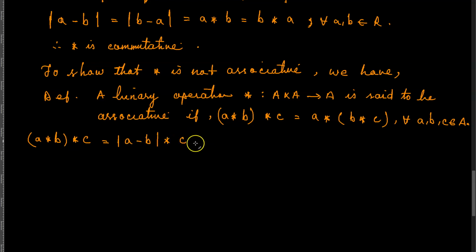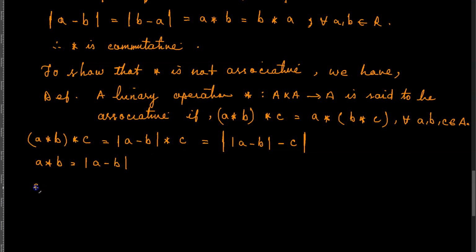Again, a star b is equal to the absolute value of a minus b, so this becomes the absolute value of the absolute value of a minus b, minus c, and take the absolute value of the whole thing, right? That is (a star b) star c.